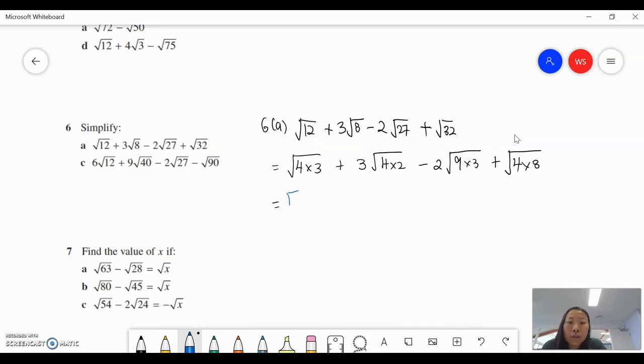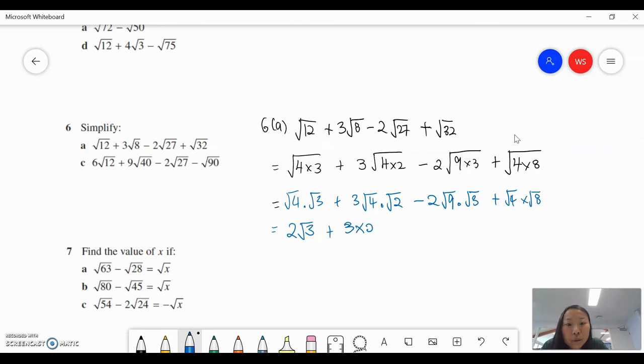So square root of 4 times square root of 3 plus 3 times square root of 4 times square root of 2 minus 2 times square root of 9 times square root of 3 plus square root of 4 times square root of 8. Okay, so now simplifying all our perfect squares there. So now we have here 3 times 2, right?